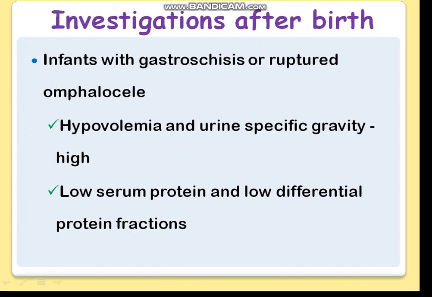So they can have hypovolemia. ഈ ഹൈപ്പോവൊളീമിയയുടെ ഭാഗമായിട്ട് the urine specific gravity is usually high. They have low serum protein and low differential protein fractions. Again, ഇവിടെ പ്രോട്ടീൻ്റെ ഒക്കെ ലോസ് ഉണ്ടാവാനുള്ള സാധ്യത വളരെ കൂടുതലാണ്. And that's why they can have low serum protein and low differential protein fractions.